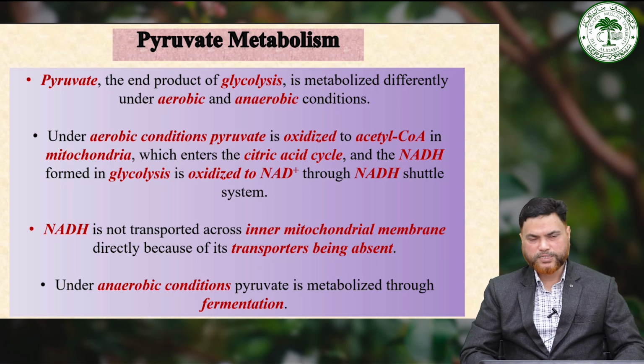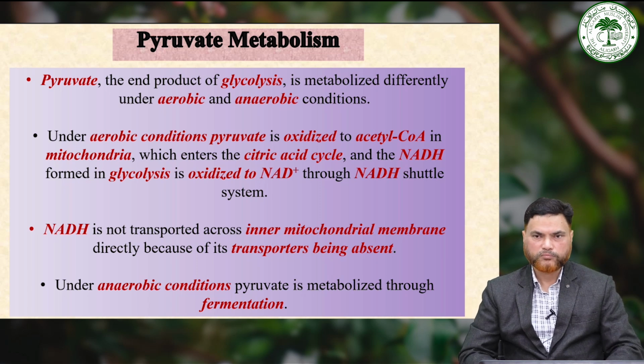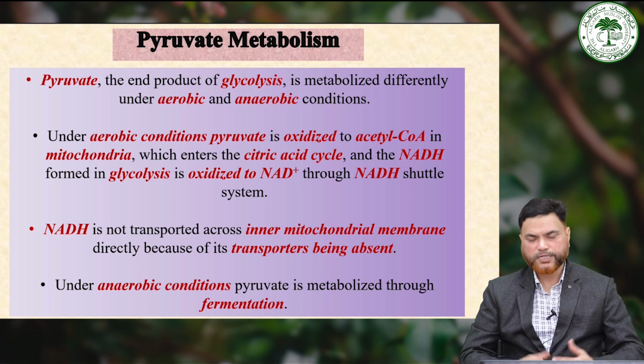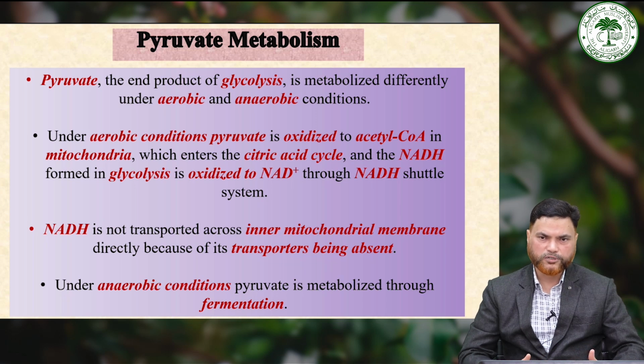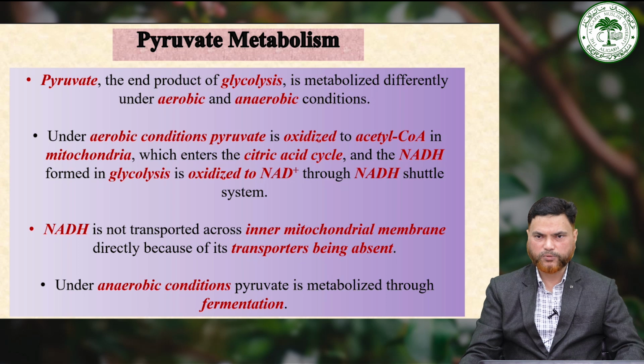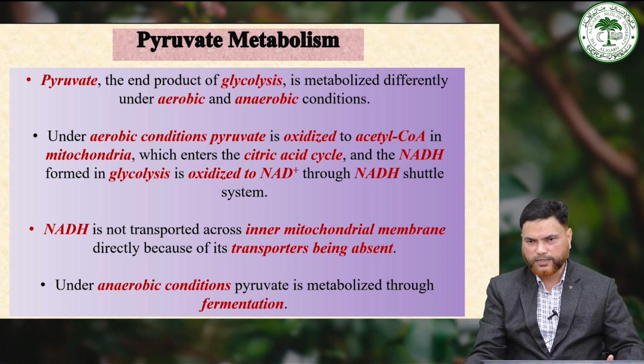Now, once pyruvate is formed, pyruvate metabolism is a very essential biochemical process that is central to generating cellular energy. Basically, it converts pyruvate, which is a 3-carbon compound, into various metabolic pathways associated with the tricarboxylic acid cycle.